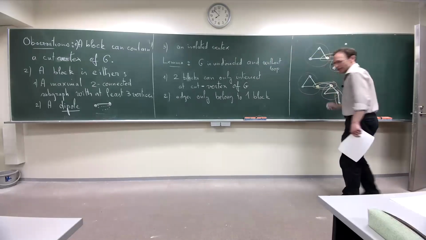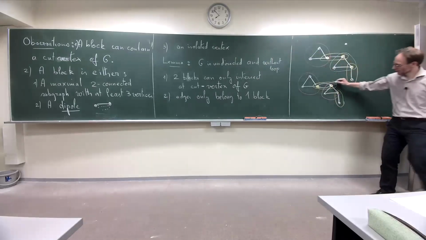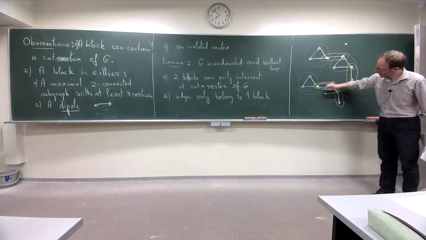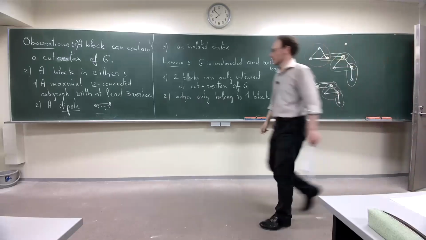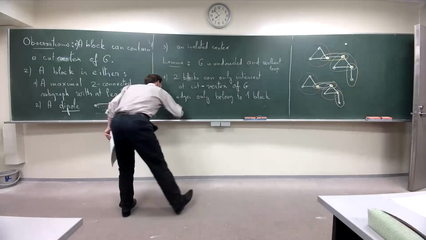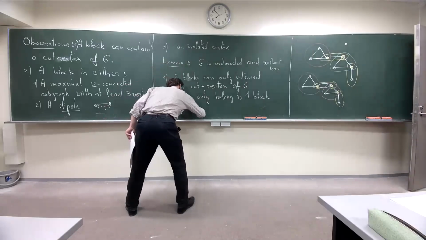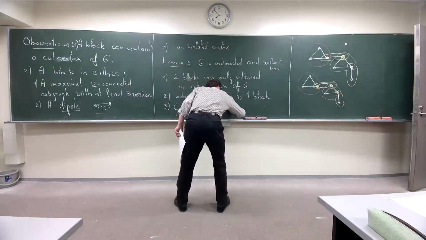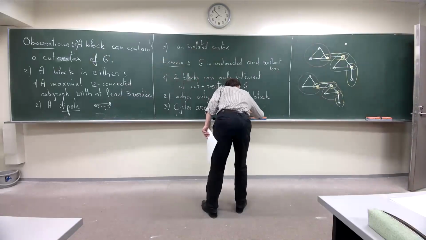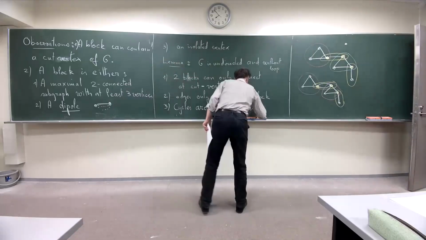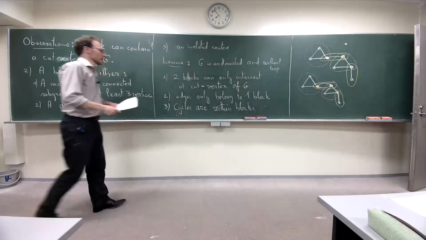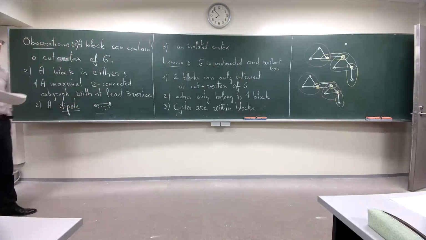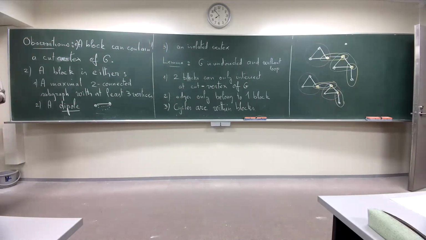Yes, this is a cycle. Yeah, this is fine. This is a cycle, but it's in one block. So there is no contradiction. Cycles are within blocks. Again, draw a few examples and you will see that this has to be true. But it's not a proof yet, but you can prove this.